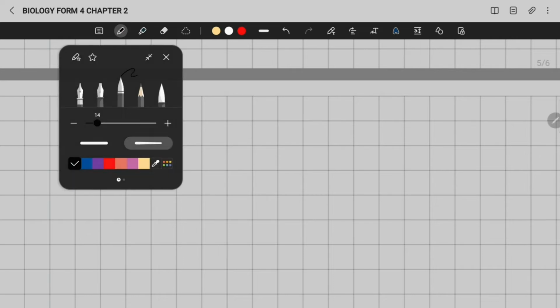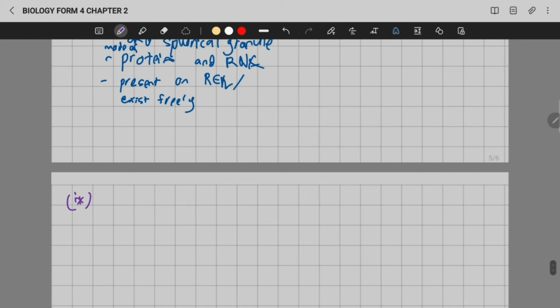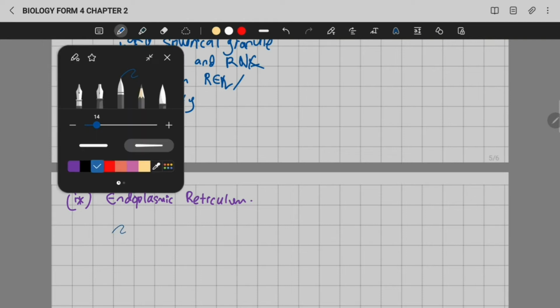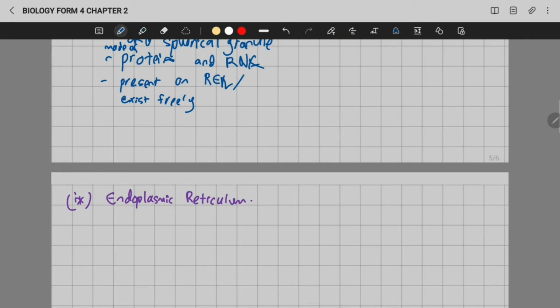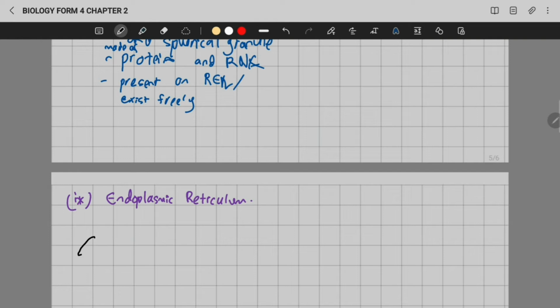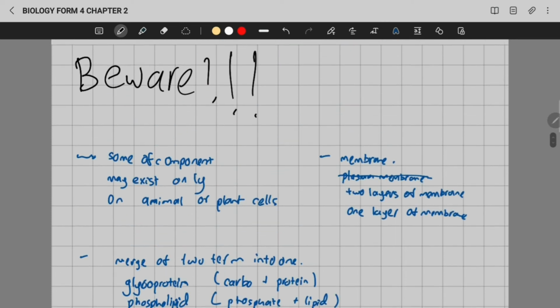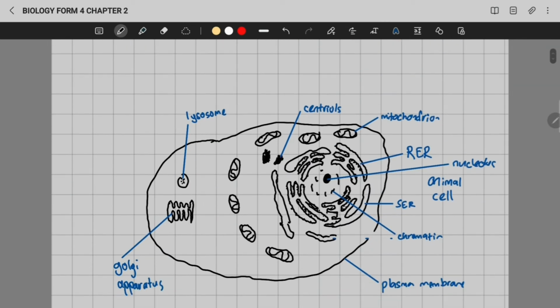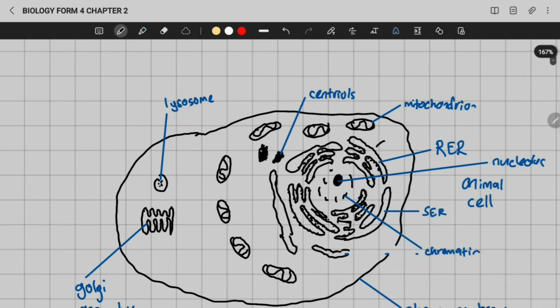Then the endoplasmic reticulum. So we have the endoplasmic reticulum. What is the endoplasmic reticulum? For that, let's draw. I'm sure that you have already seen this thing, here, the endoplasmic reticulum.